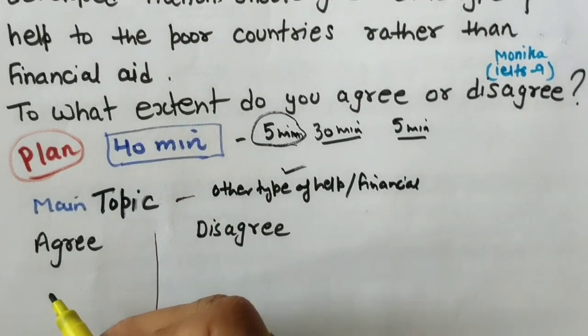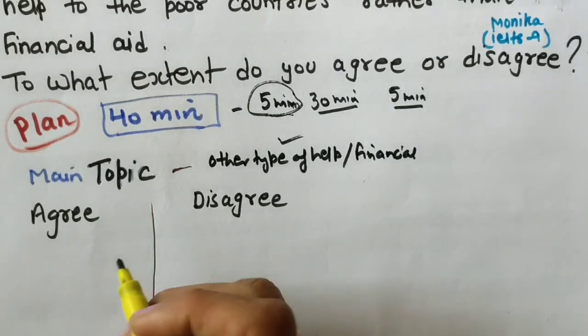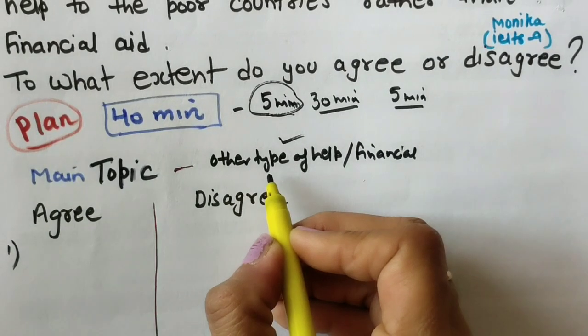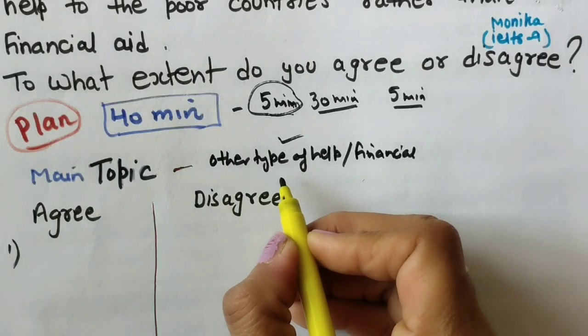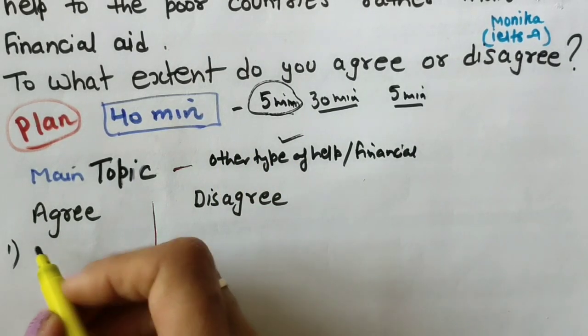Why do I agree with other type of help? I will be developing both things, and I will show you. First you need to understand the meaning of other type of help. What type of help means?